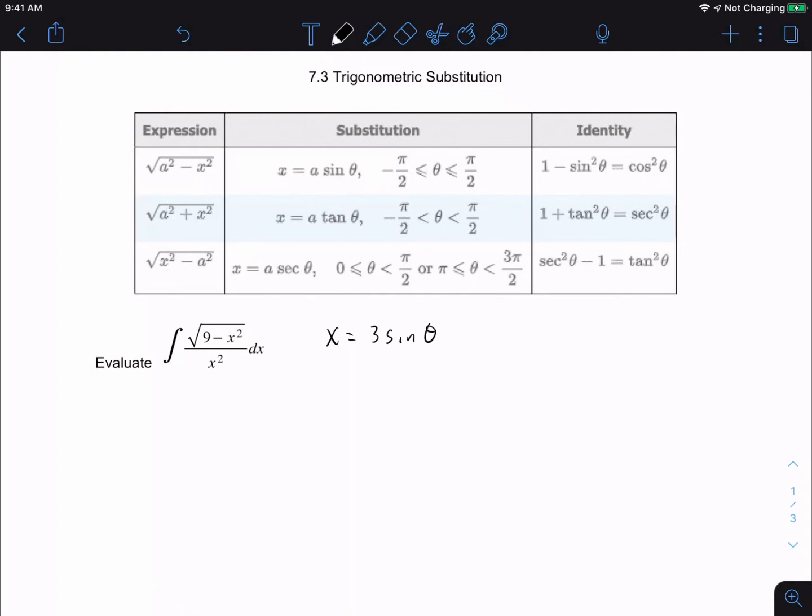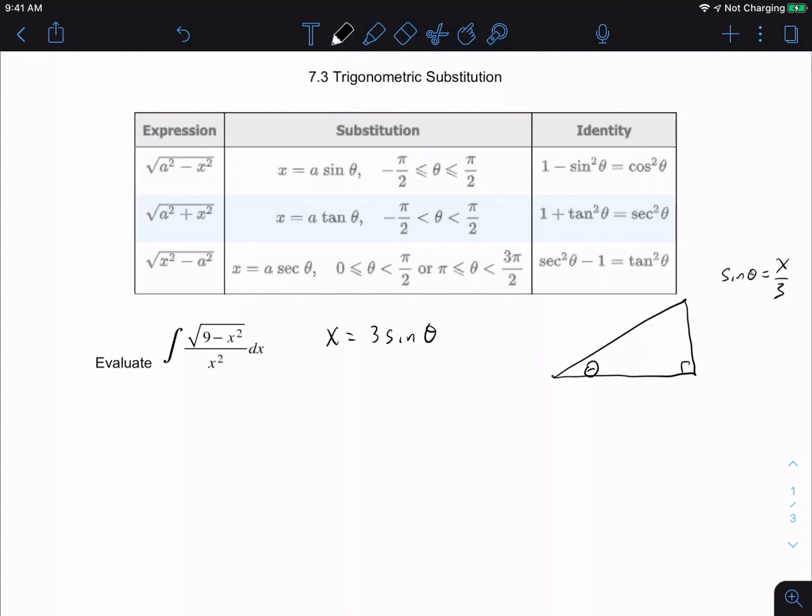Okay? We're going to take the derivative of this, but before we do, I want to draw the triangle that I'm going to need. The triangle is going to be a right triangle, right? And this is going to be my theta. And the way that I'm going to think about this is x equals 3 sine theta is the same as sine theta is equal to x over 3.